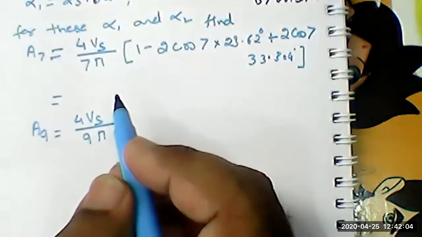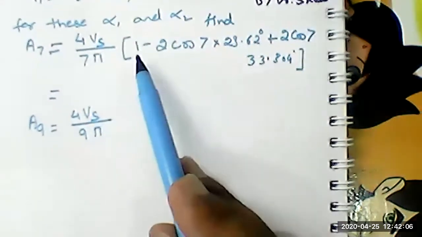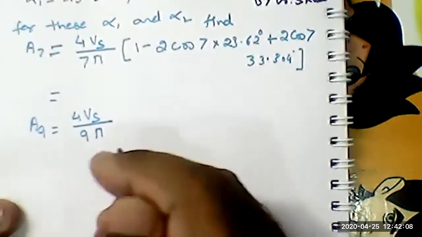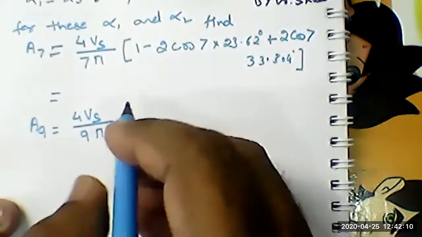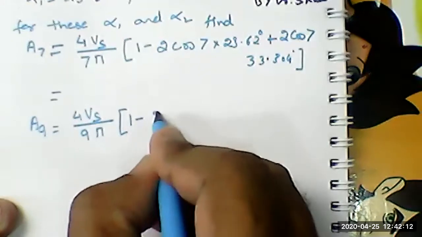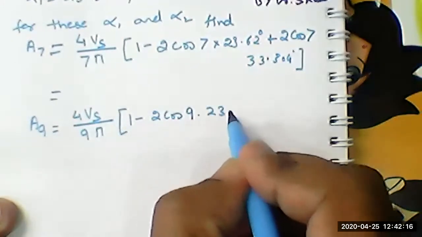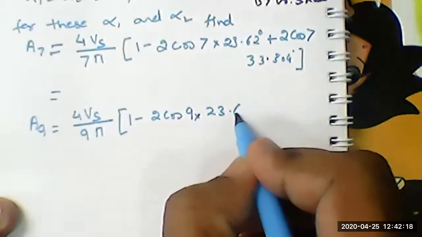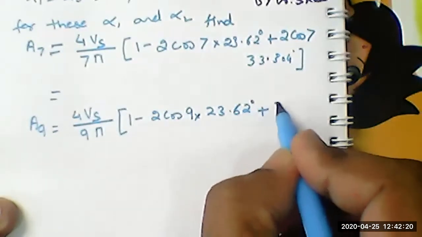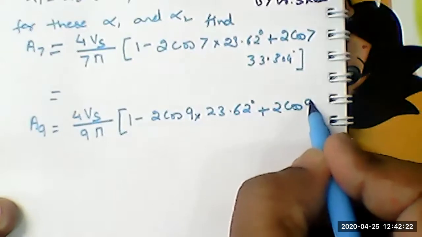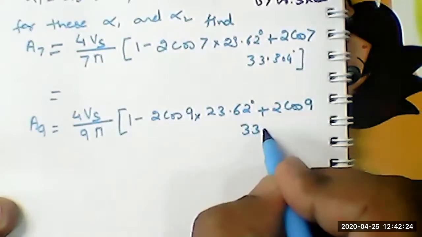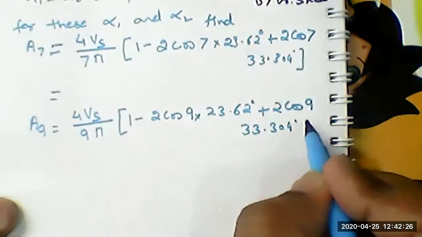Nishant and Prabhat, you just solve this value, A7. A9 will be given by 4Vs upon n pi times 1 minus 2 cos 9 into 23.62 degree plus 2 cos 9 into 33.304.